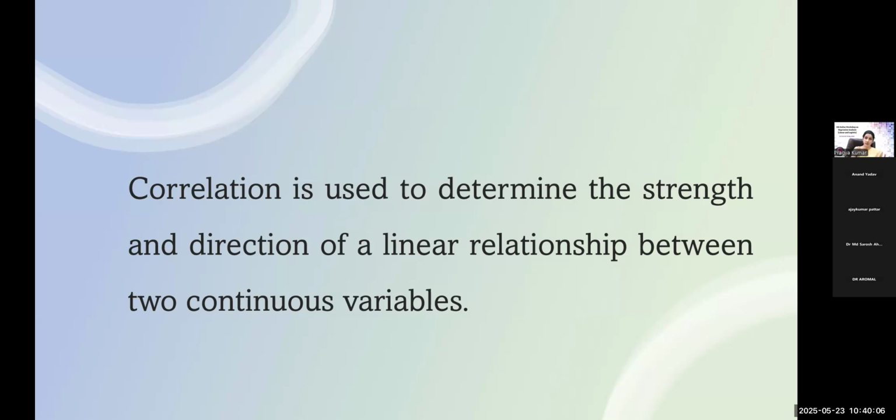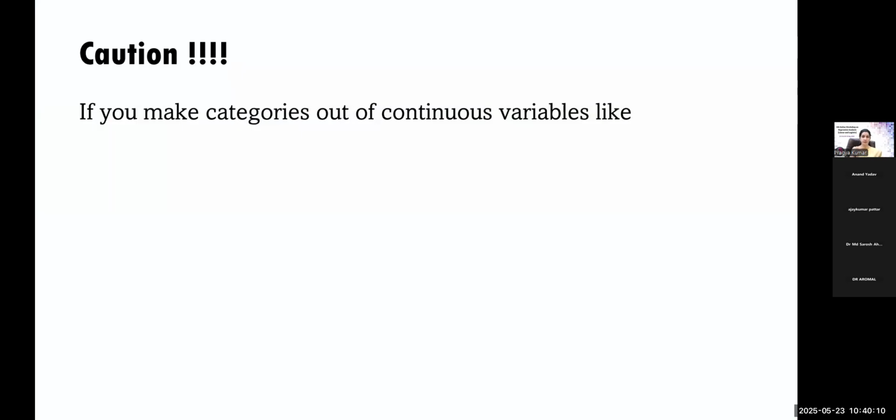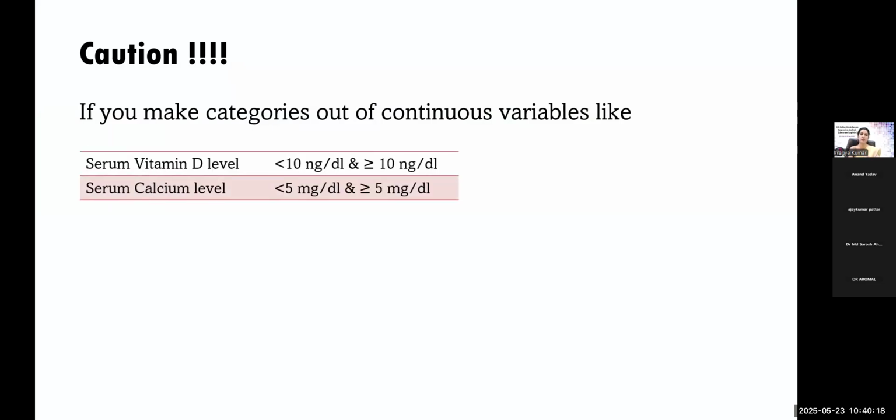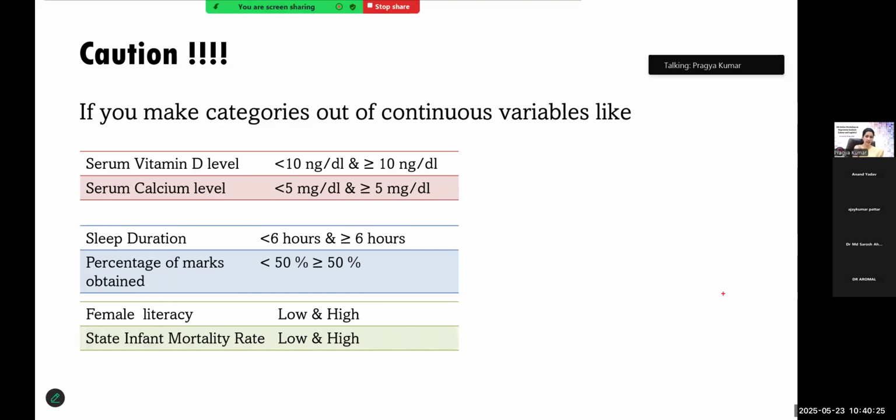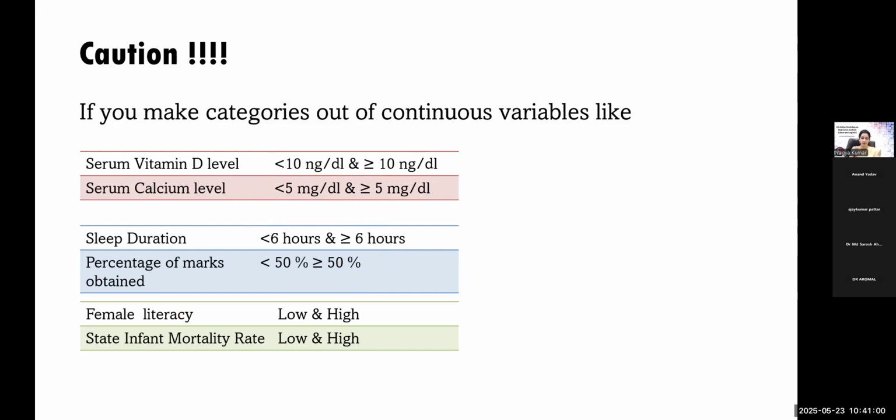So this is used to determine the strength and direction of the linear relationship between two continuous variables. But if you make a categorical variable out of a continuous variable, like if you take a cutoff for vitamin D and make two categories, less than 10 and more than 10, or take a cutoff of 5 for serum calcium level, or even sleep duration and percentage of marks, categorizing them with a cutoff of 6 for sleep duration and 50% for marks, and similarly female literacy as low and high and infant mortality rate as low and high, then again you cannot calculate correlation, because here you have made categorical variables.